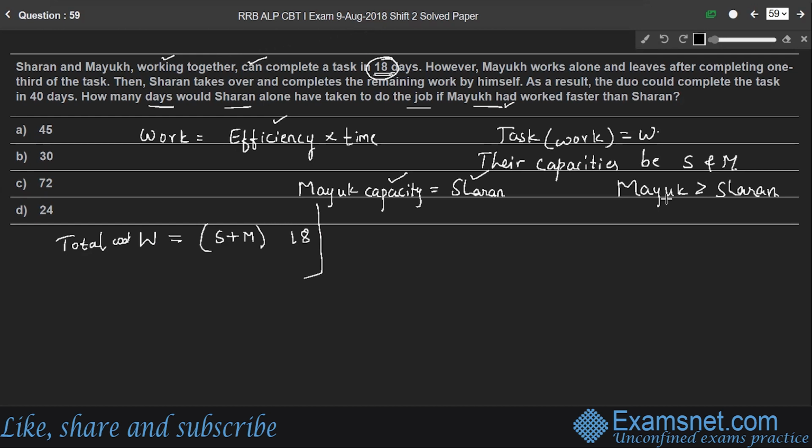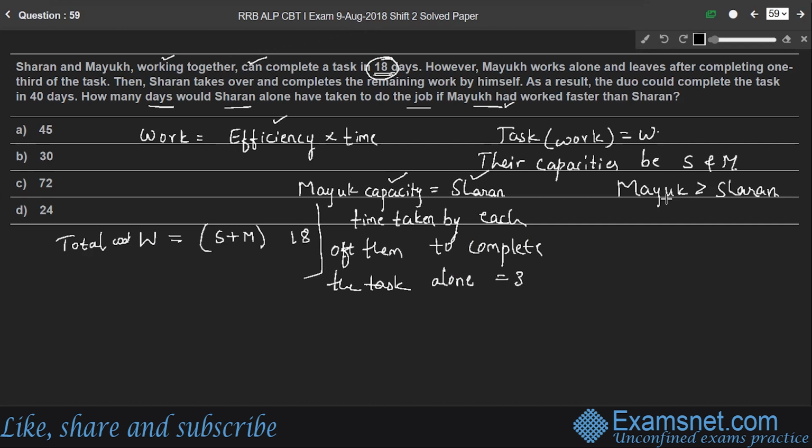So the time taken by each of them to complete the task alone is 36 days.